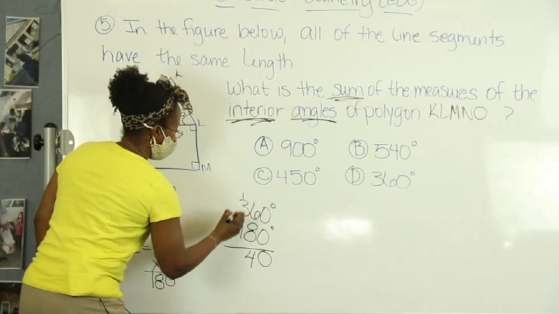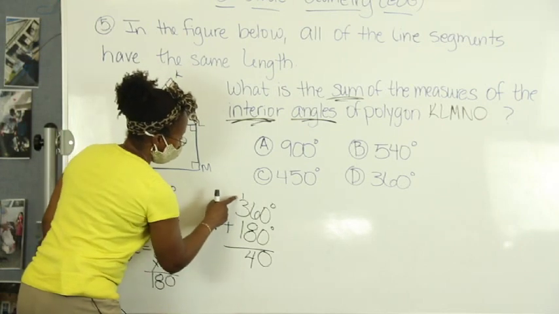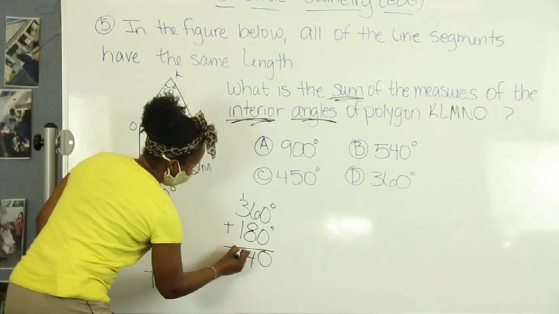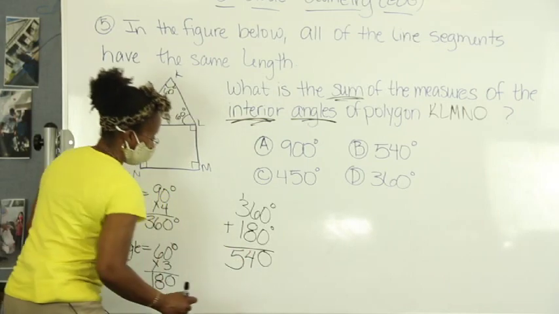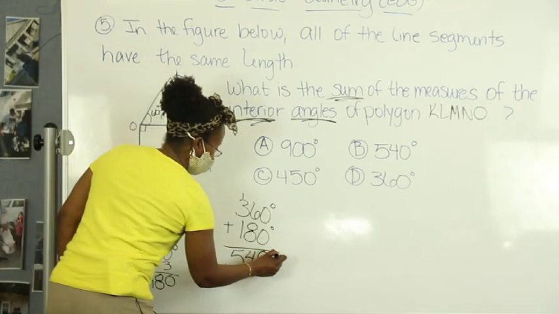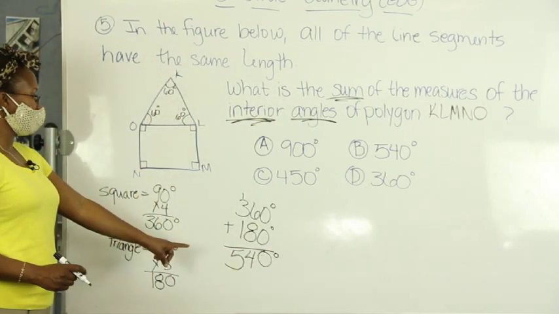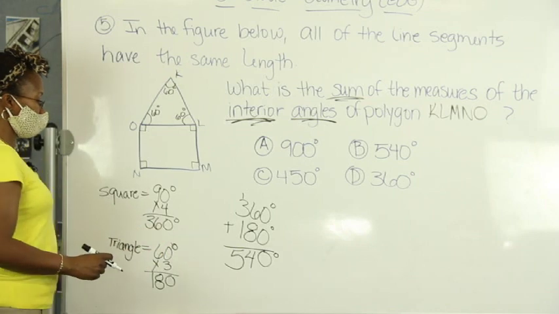Put the 4 down here, carry the 1. That's 1 plus 3 is 4, and 5. And so we come up with 540 degrees.